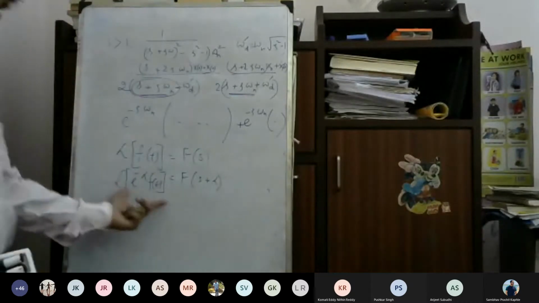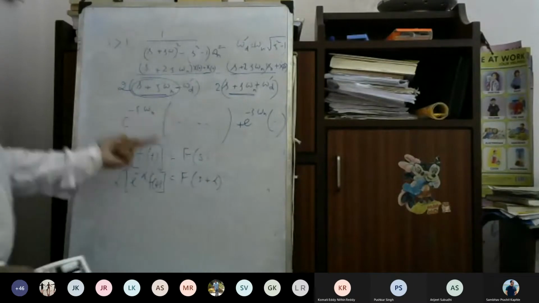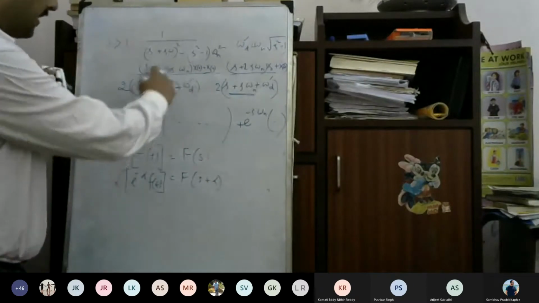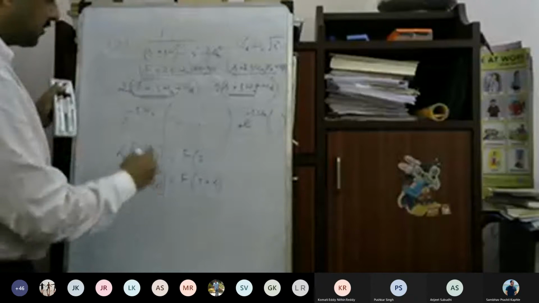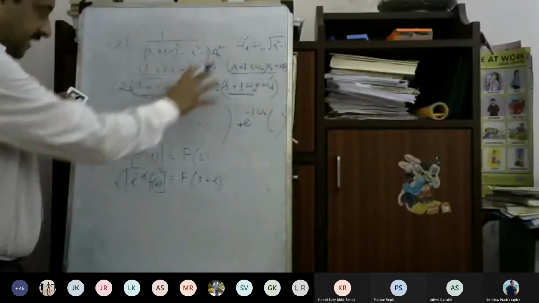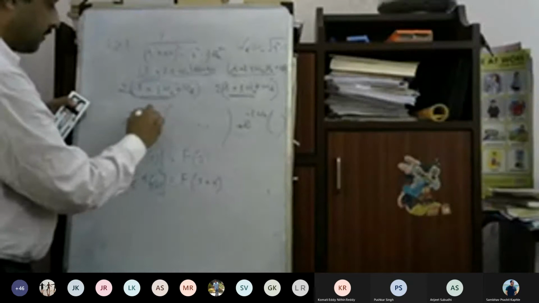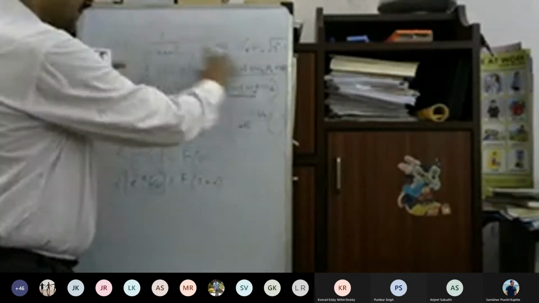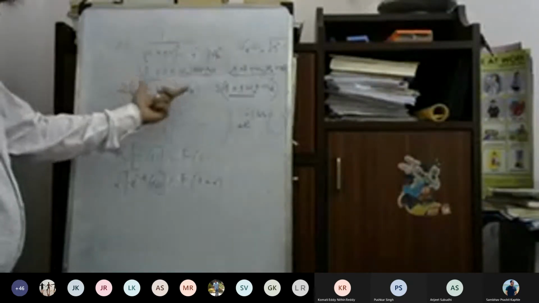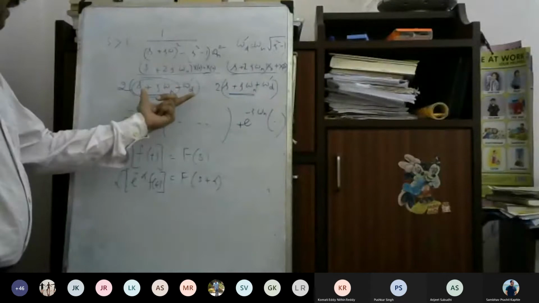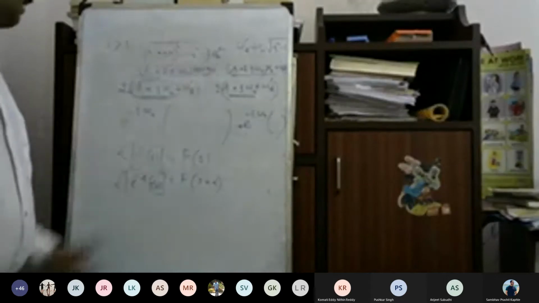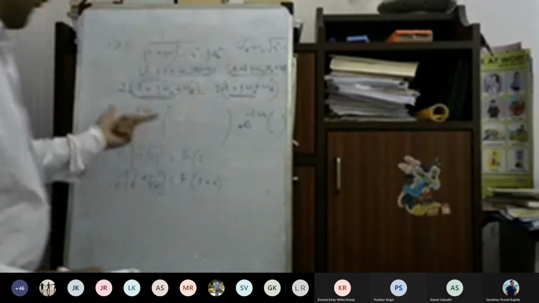So this result is known, and using this result we get that the inverse Laplace transform of this particular quantity will be e to the power minus zeta omega n t, and the remaining term. Okay, so S plus zeta omega n will be appearing, so there will be this kind of term appearing there.